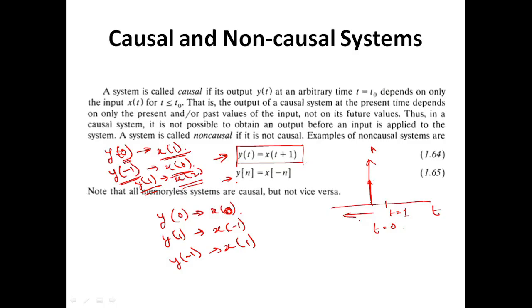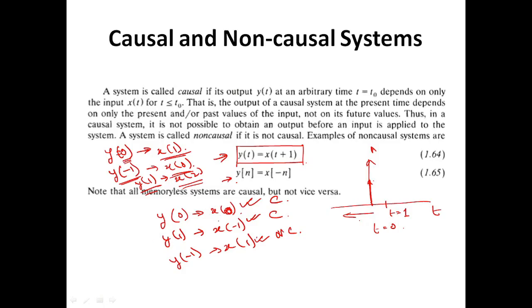In the first two cases, y is dependent on the input at the same time or the past, so these should be causal. But in the last one, y of -1 is taking input from x of 1. So this is non-causal. Which one should we take?